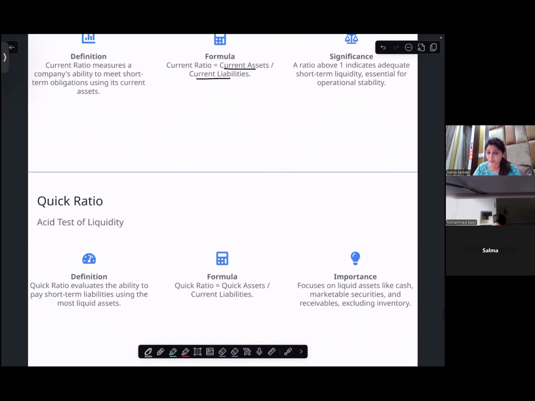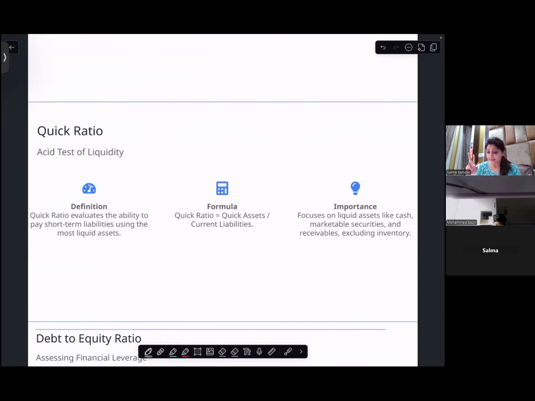Now I'm talking about quick ratio, the second ratio. Quick ratio is also called your acid test ratio or your liquid ratio. The formula to calculate this would be quick assets over current liabilities. Do you know what is quick assets? Quick assets is current assets minus inventory.